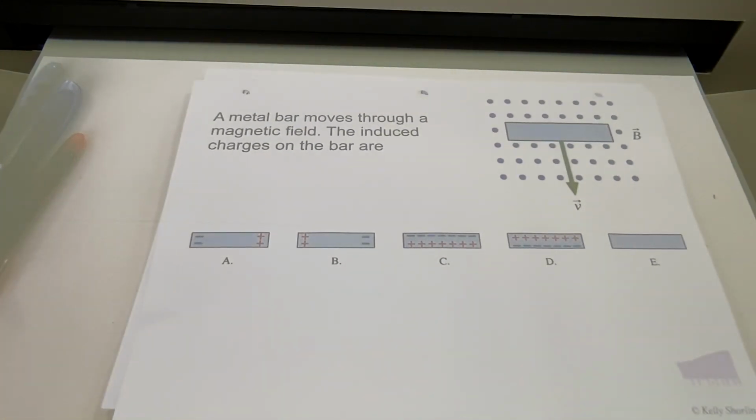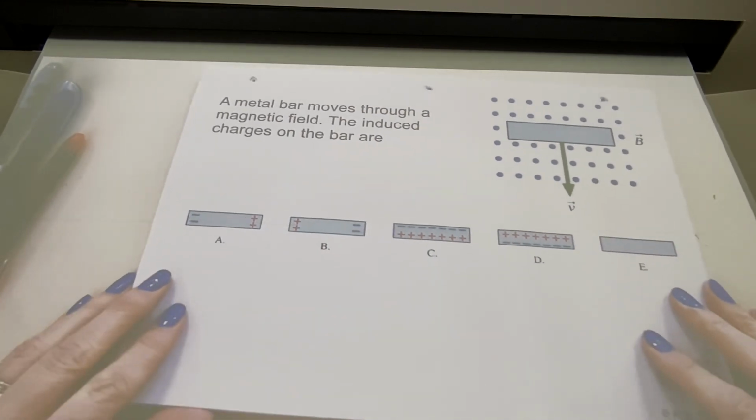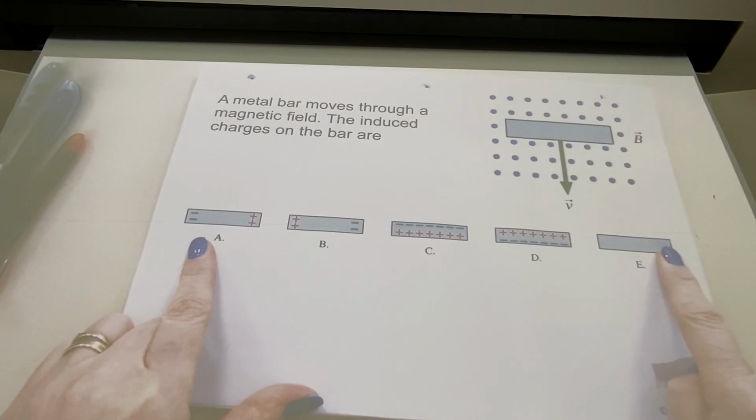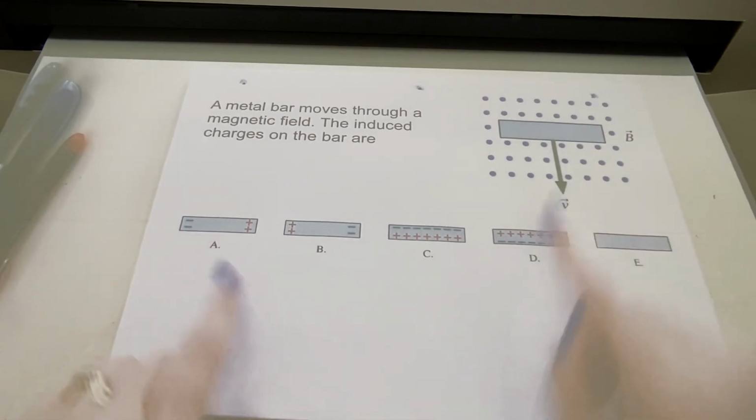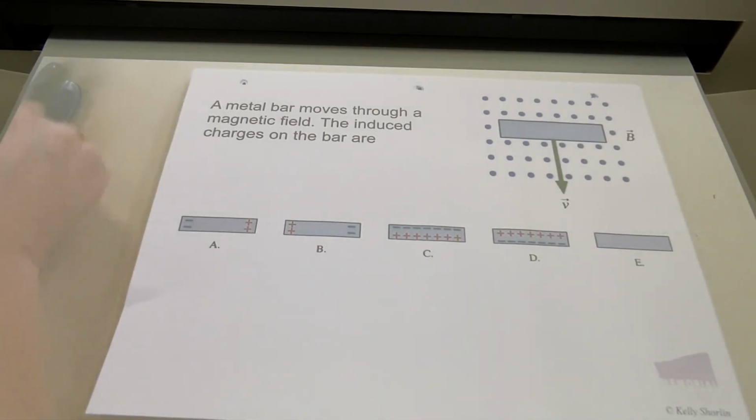Okay, a metal bar moves through a magnetic field. The B is represented by dots, so that means out of the page. What are the induced charges on the bar? So after it's been moving through here for a while, what do you think happens to the charges?